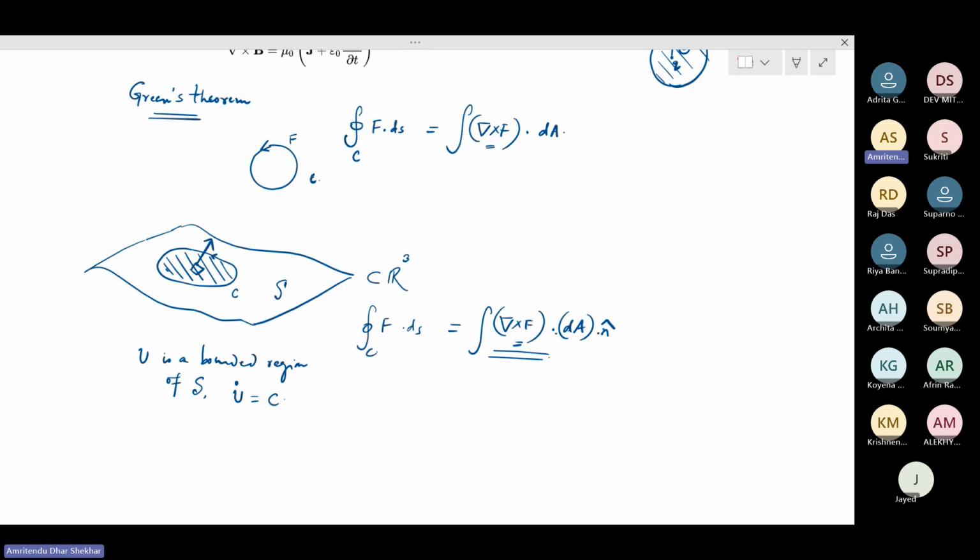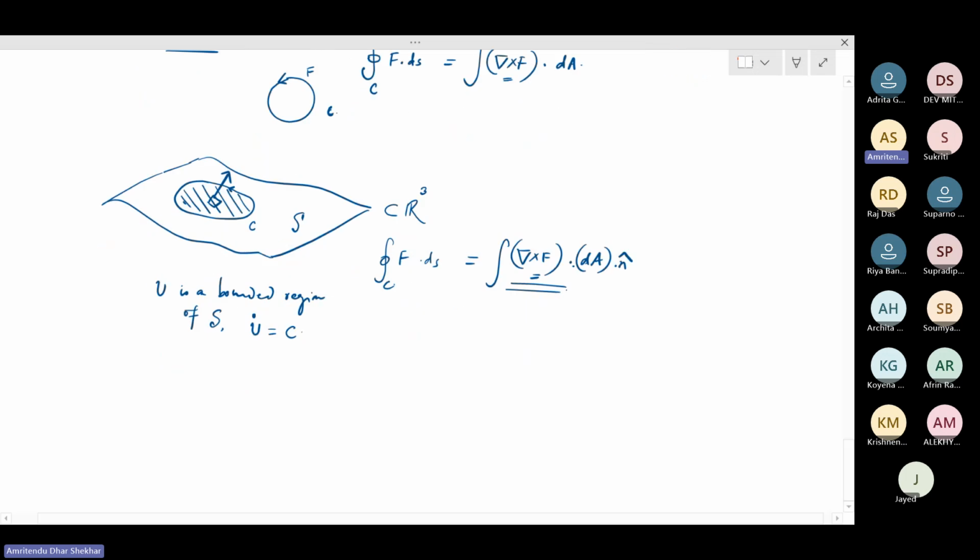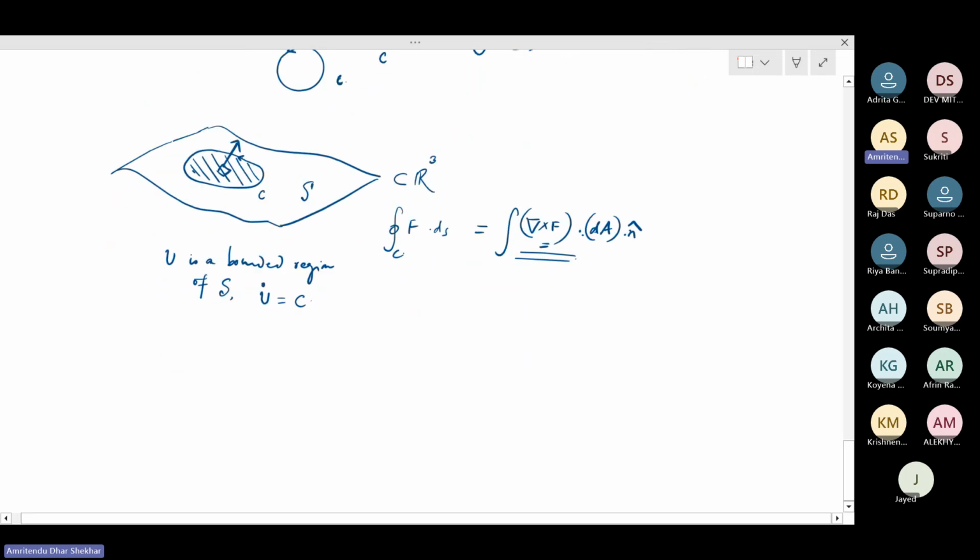This is not a rigorous statement, but intuitively it means that if the curl of F at a particular point is 0, maybe not identically 0, but at a particular point, let's say this is a point P, and curl of F at P is 0.